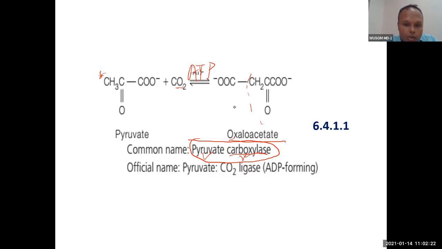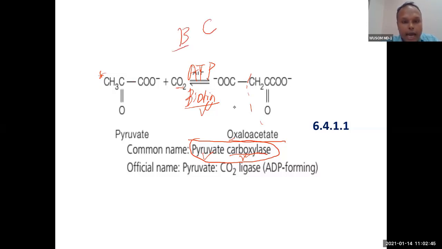And here it is not shown, but remember, biotin is there. Wherever carbon dioxide comes, biotin will follow. Wherever you see addition of carbon dioxide to a molecule, biotin follows. Remember, this is an almost universal rule. So when C comes, B will follow.